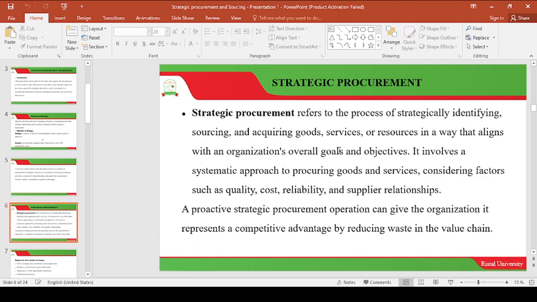So a proactive strategic procurement operation can give that organization visibility into its supply chain such that it can compete with other organizations in its operations.